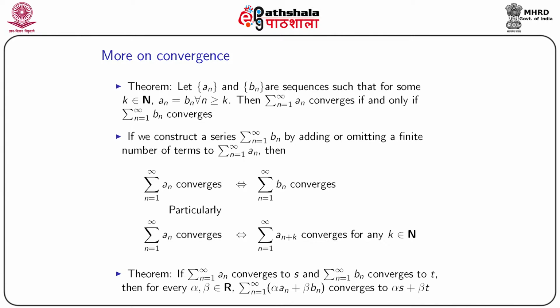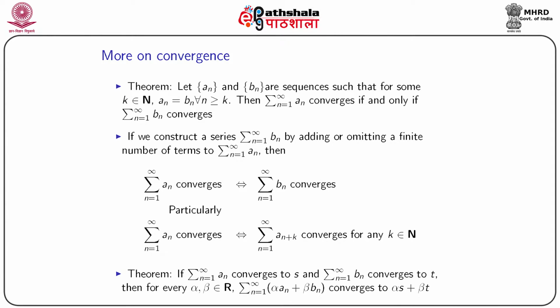Suppose k is 10, and we are saying that from 10 onwards all a values are equal to all b values. Then the sum over a_n converges if and only if the sum over b_n converges. We are not going to prove all these theorems that we will be stating, because most of them are found in any standard textbook of real analysis, and this is beyond the scope of this lecture.